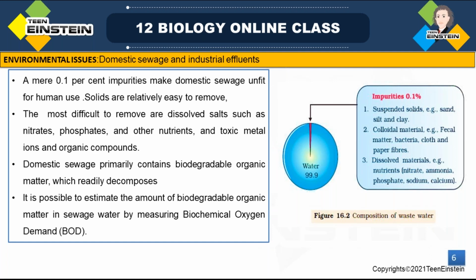See, we know that if you are throwing any solid waste, that is comparatively easy to remove. Then which one is most difficult to remove? See, here you can see impurities, 0.1 percentage.